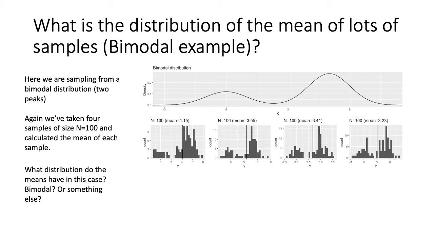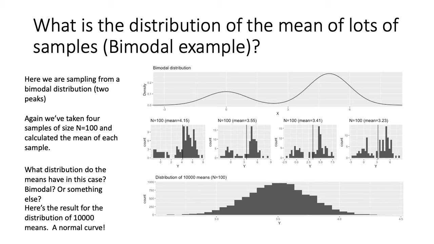So again, what distribution do the means have in this case? If we do it 10,000 times and we draw a sample of size 100 and calculate the mean, what distribution do the means have? Is it still bimodal or is it something else? Or maybe you're beginning to get the picture. The answer is, once again, we obtain a normal curve.